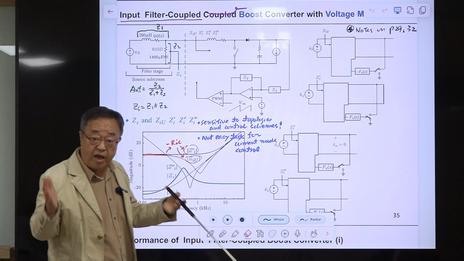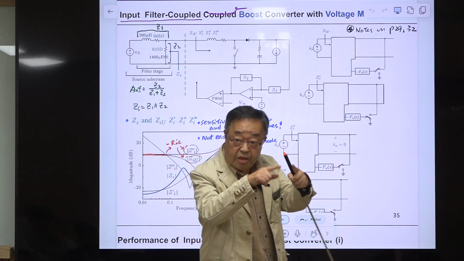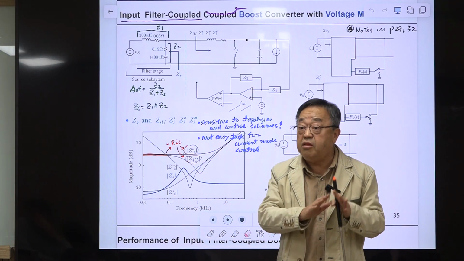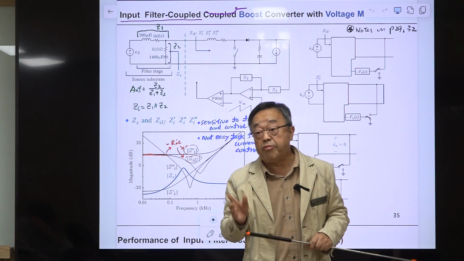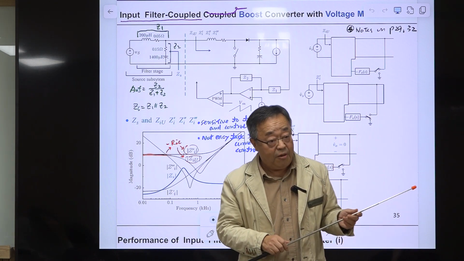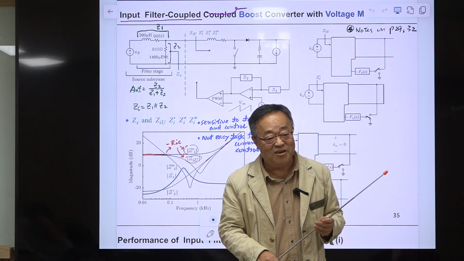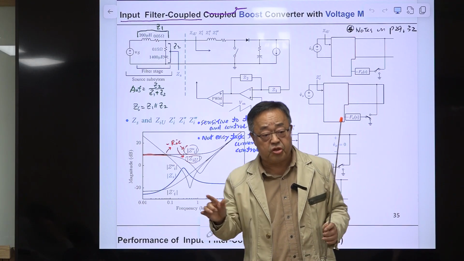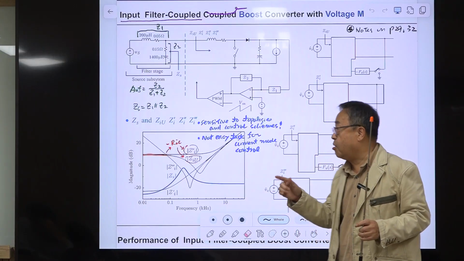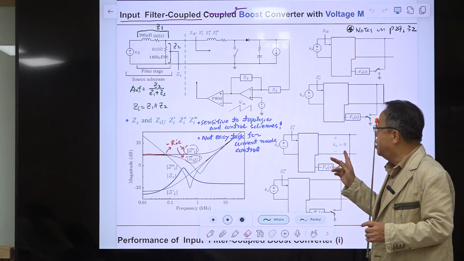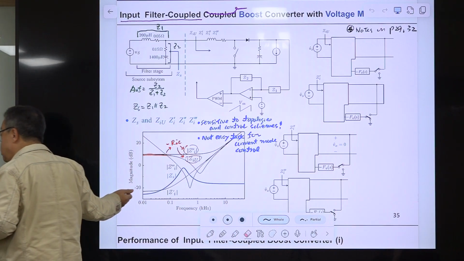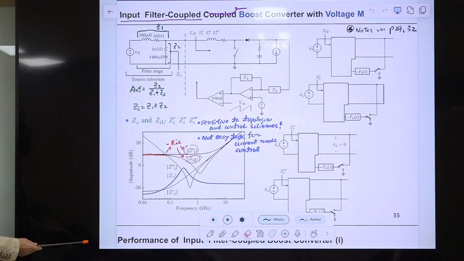I already derived that, and I made a table, and I'll show that table later. The detailed derivation was one paper, a very tedious paper, just deriving this. I derived the 48 transfer functions there: 3 converters with 2 different control schemes and 4 transfer gains. So that is a very tedious job.